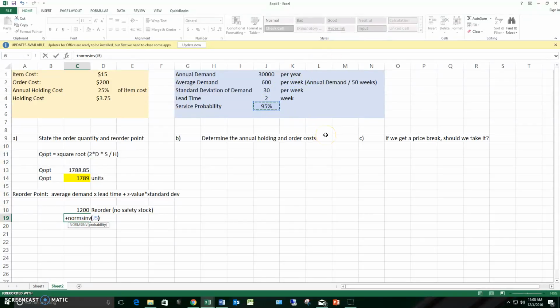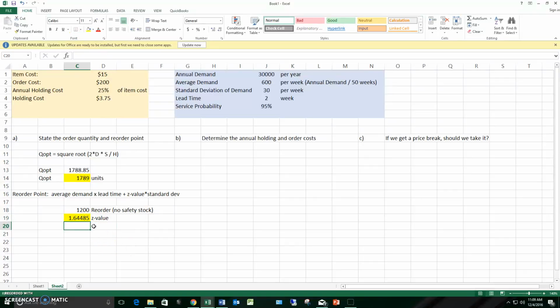In this case, we want 95%. So this is our Z value for a 95% service level. If you look in the back of the book, that number is about 1.65. We're going to use 1.644 for our calculation.